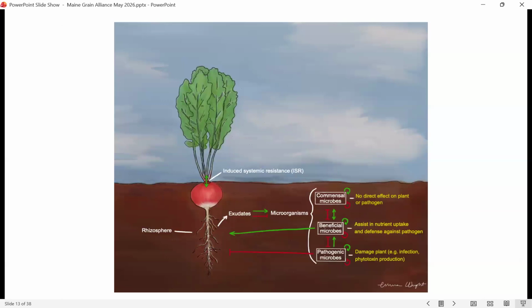Some microbes might send a chemical signal to the plant where they put out defense mechanisms, like this one called induced systemic resistance, where it spreads defense throughout the plant, indicating there might be an attack. And then we have the organisms that are pathogenic, and they may be toxic or causing a disease of plants.